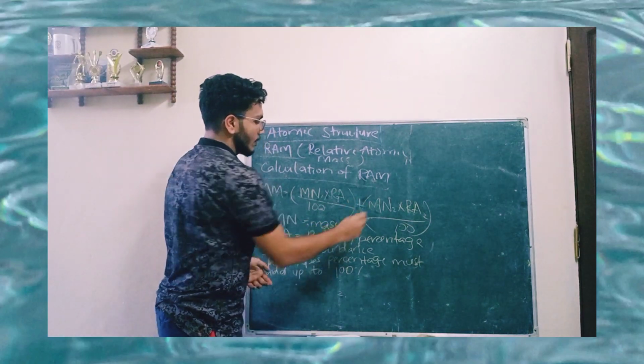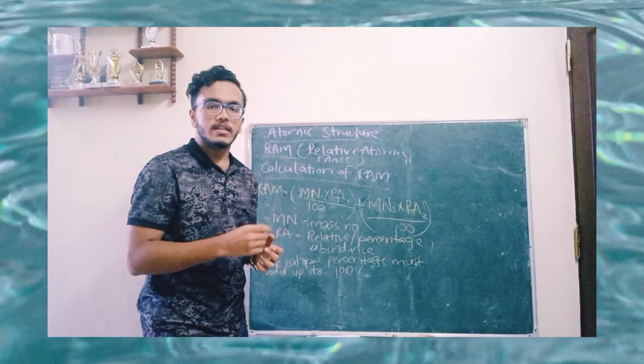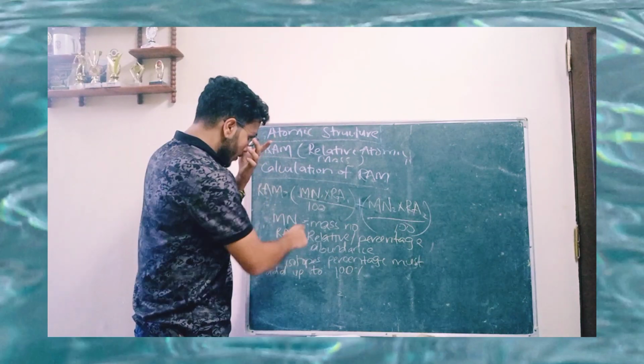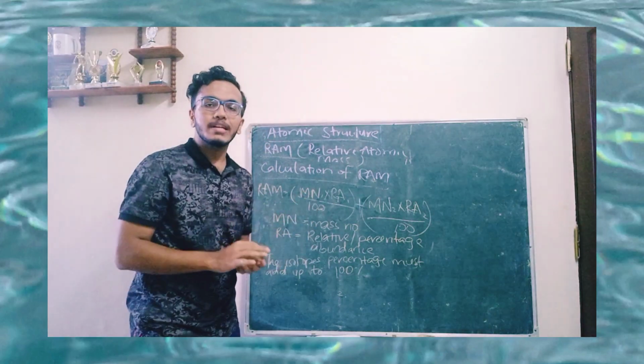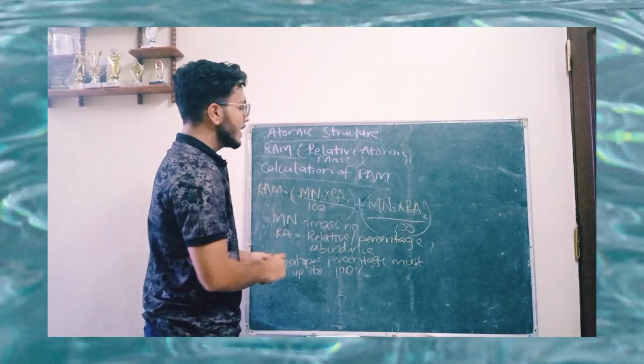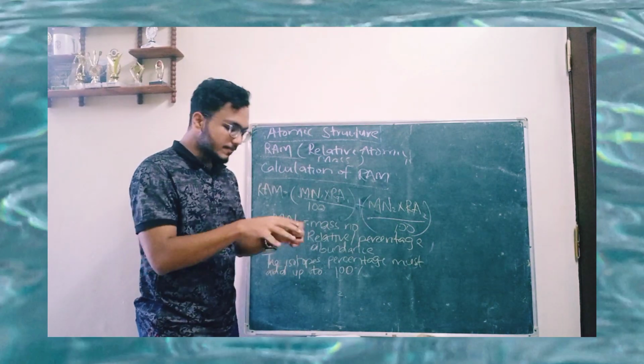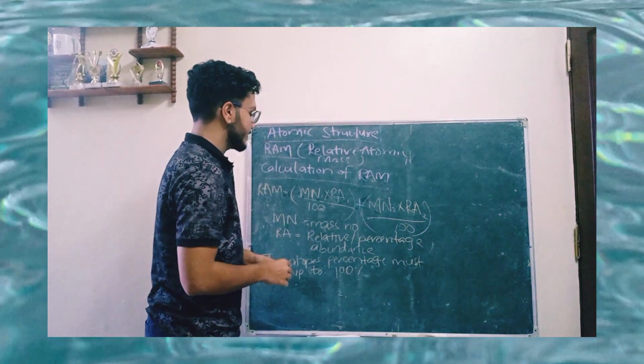Now what do I mean by mass number 1? Mass number, as we know, is the sum of protons and neutrons. Mass number 1 is the mass number of the most abundant isotope. Relative abundance 1 is the percentage abundance of that isotope in the element.